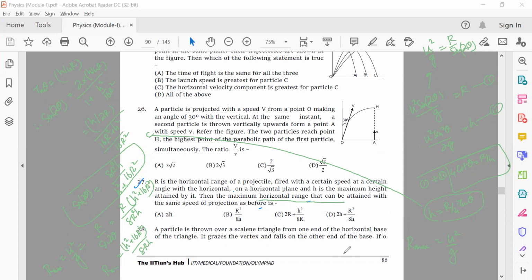Sir, what I did was the same thing. I just found R and H in terms of U and G, and I substituted the values of R and H in the different equations. Correct. You can do it that way also. Yes, that's correct. So the idea is you're using the same set of formulae, na? Just slightly different manipulation.